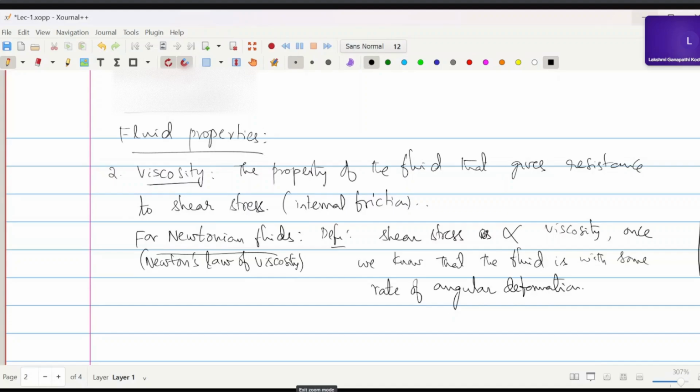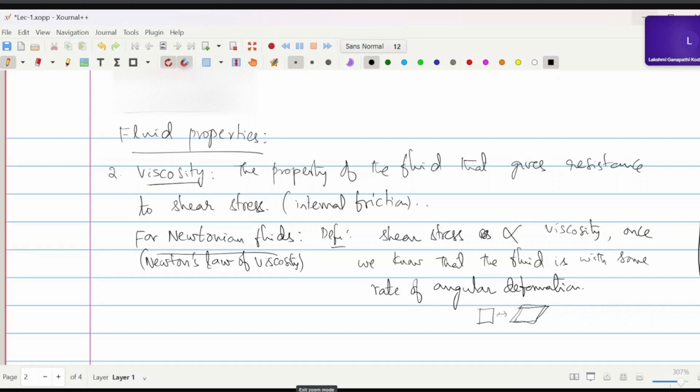What is the meaning of this? You generally give some shear stress. You push it a little bit, so in the horizontal direction you give a force. That is shear stress. Once you give it, the fluid starts flowing. What is the meaning of fluid flowing? It's basically deforming. Whatever small piece you consider initially deforms, and that is the deformation.